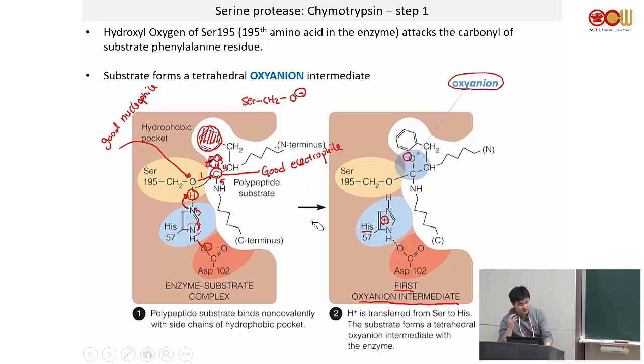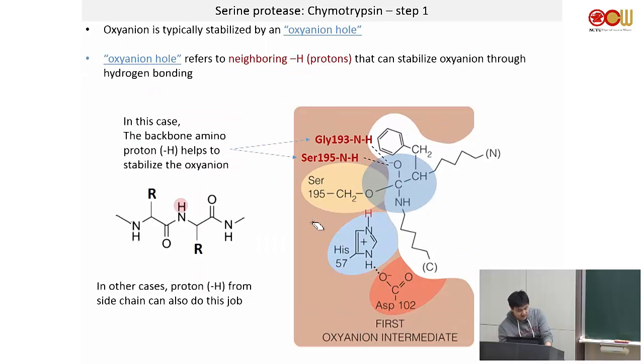And then now we're going to say how you stabilize oxyanion, okay? So it turns out, oxyanion is typically stabilized by an oxyanion hole, right? And this is common on many, many different enzymes, not just proteases, okay? Oxyanion hole is common to many enzymes, right?